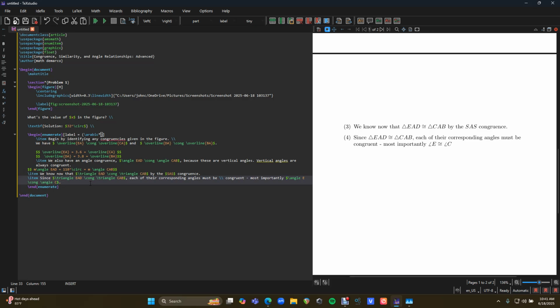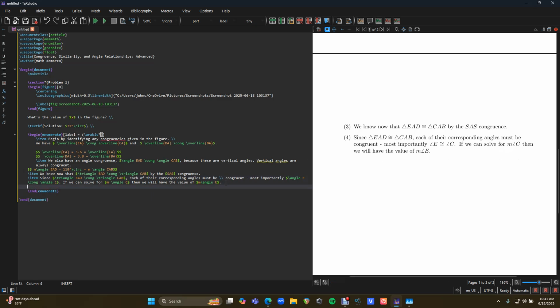And so, let's solve. If we can solve for the measure of angle C, then we will have the value of the measure of angle E. Okay, that's sounding fine so far.